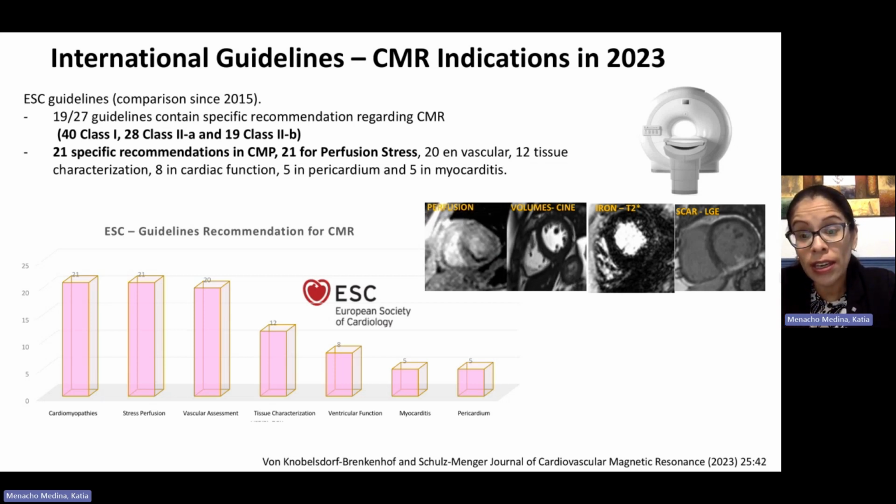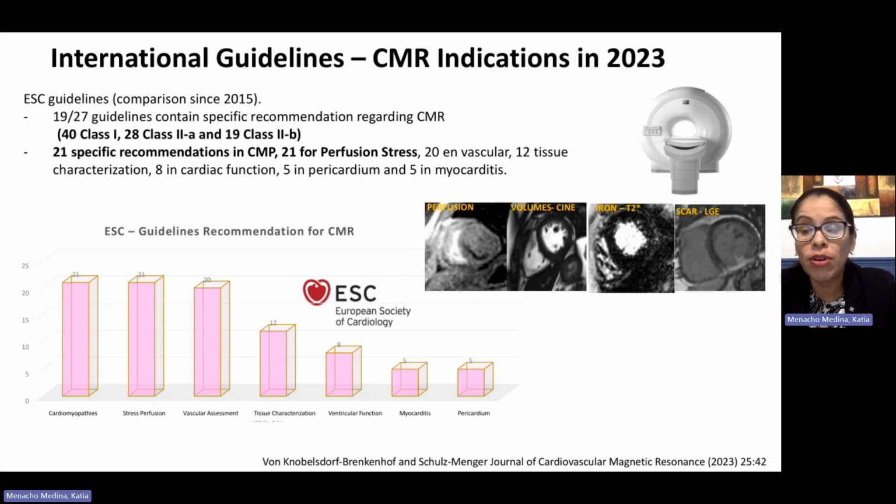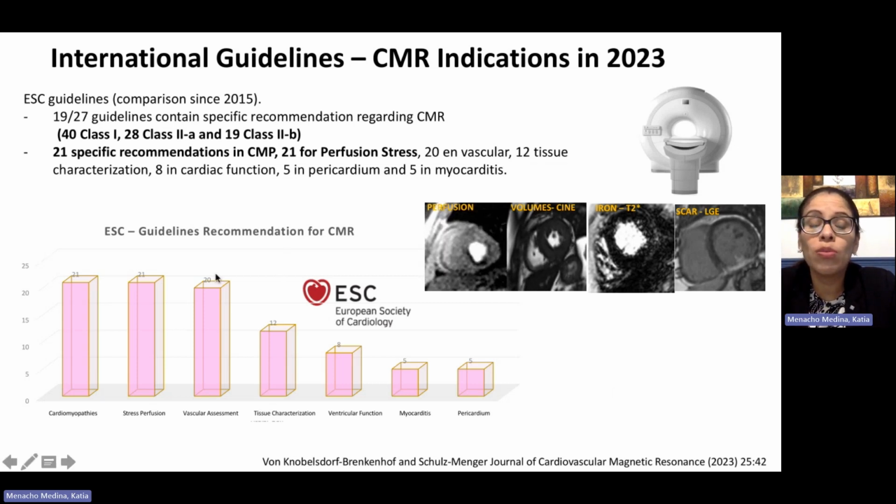Other indications are vascular in 20 recommendations, 12 for general tissue characterization, 8 in cardiac function, 5 in pericardium, and 5 in myocarditis. So it's excellent to see this updated document, and you can see how CMR is increasing its role and its recommendation in these guidelines, specifically for these two pathologies.